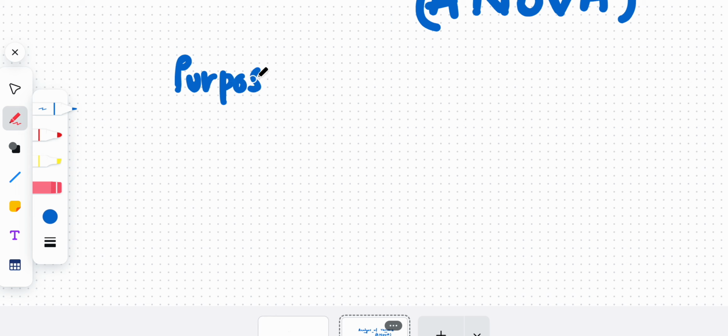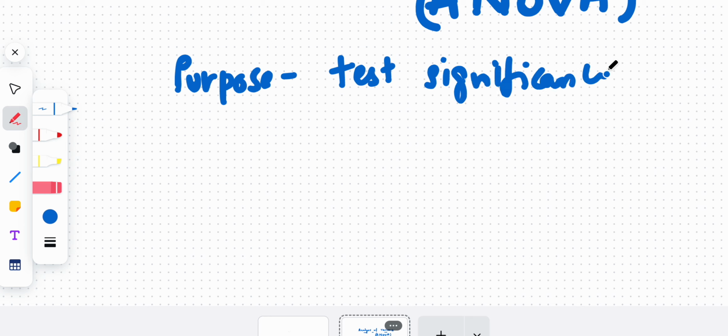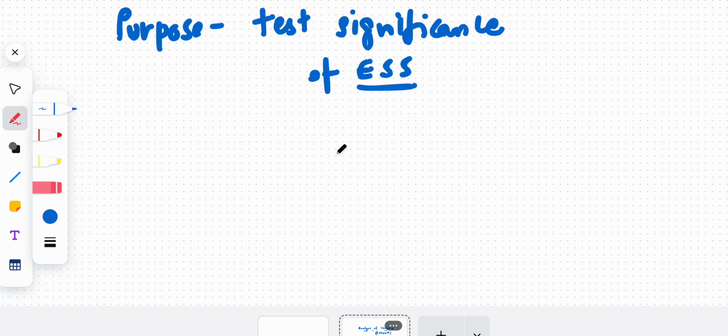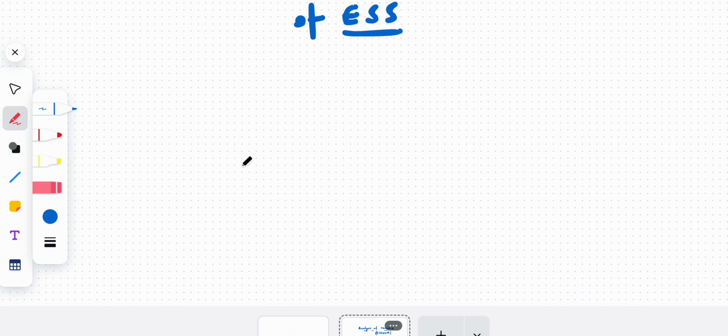Purpose is to test significance of ESS, that is estimated sum of squares. Now, how will you do that? You will do that using the F test, right?